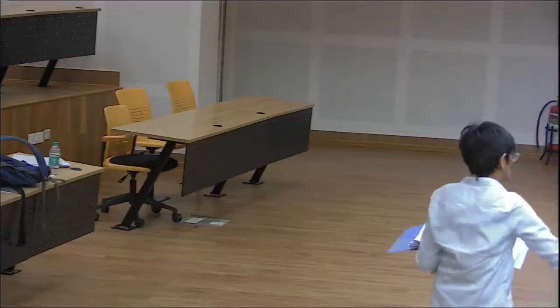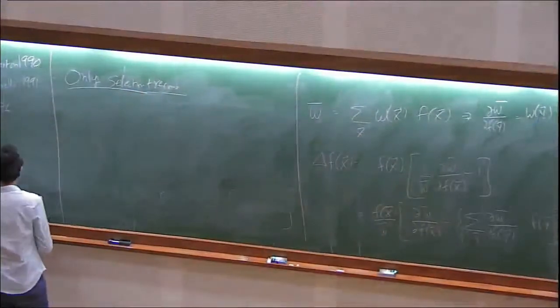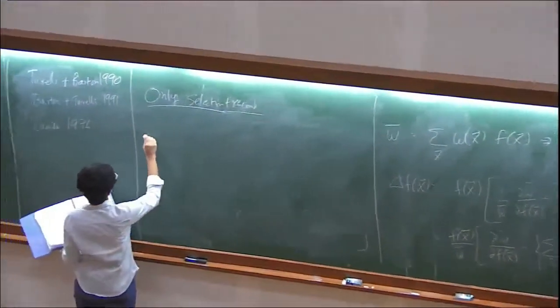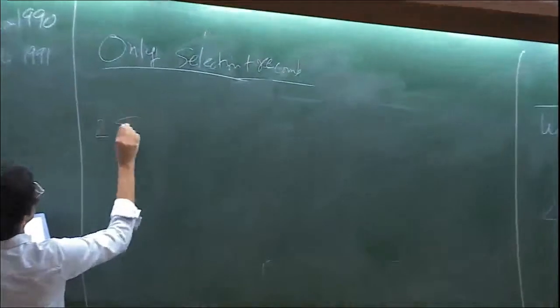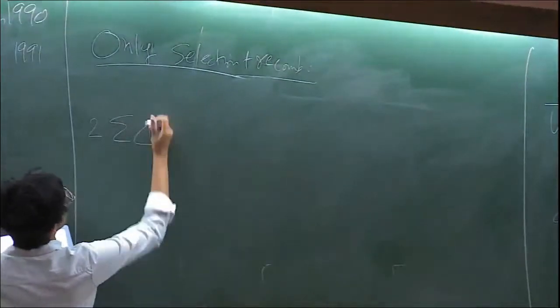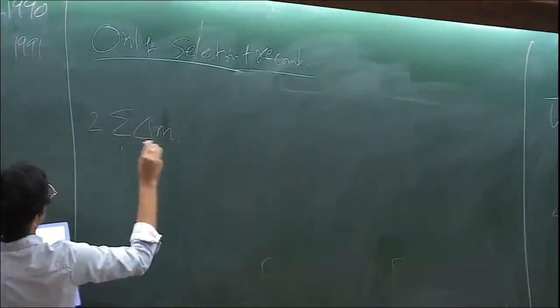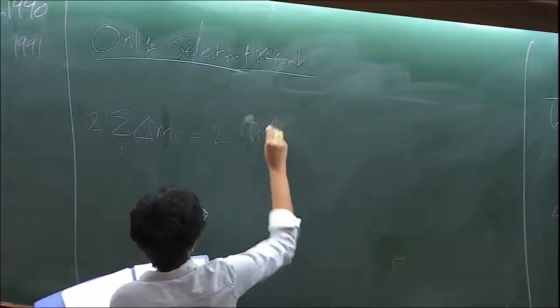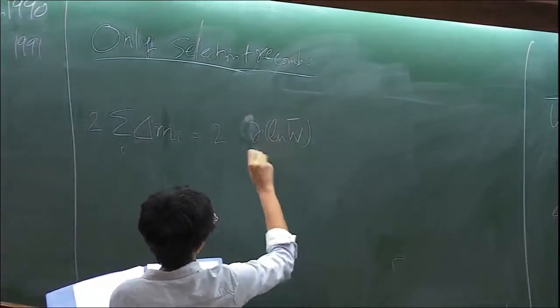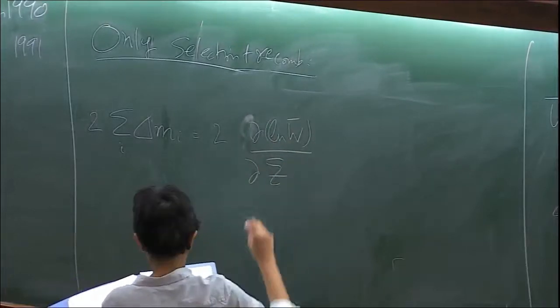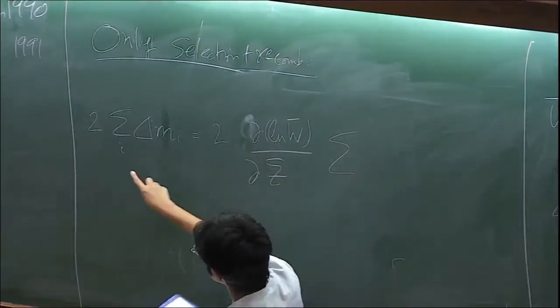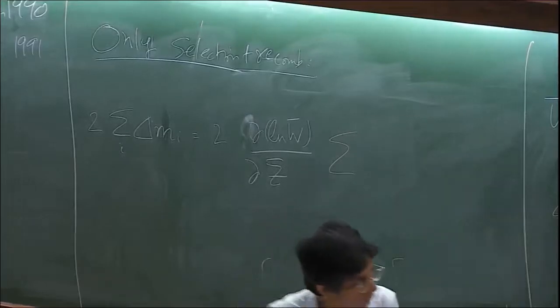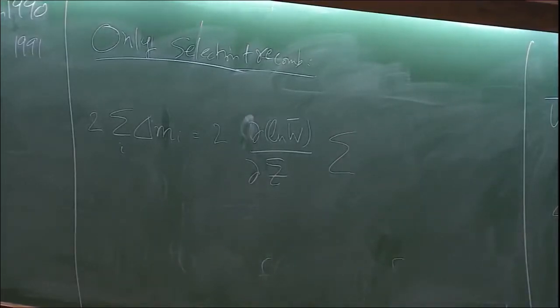Okay, so let me just give you the answer. So you should get, I have a summation over I also. I already had a summation over j because of the delta.